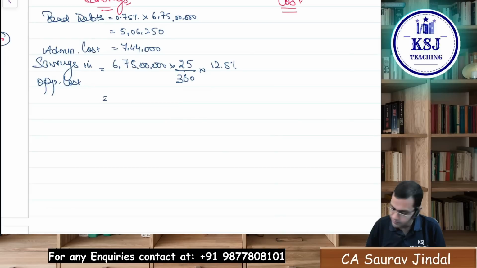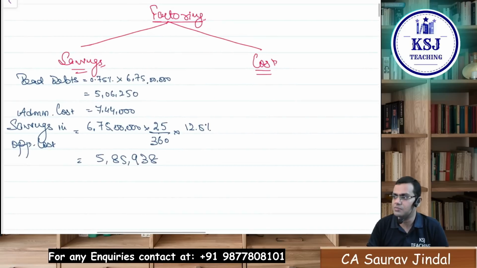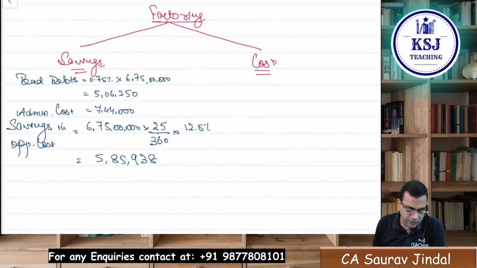That comes to 5,85,938. It is 937.5; you can round it off to 938 if you want to take it in absolute figures. That's fine. Now, what will be the cost that will be there?